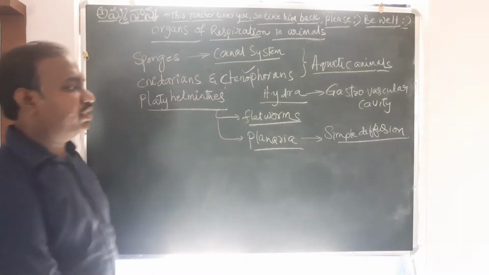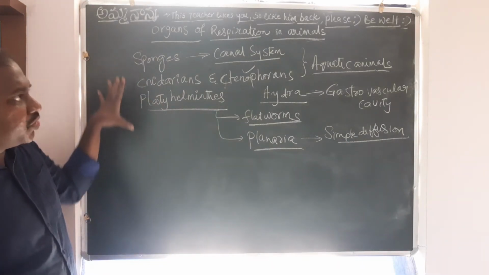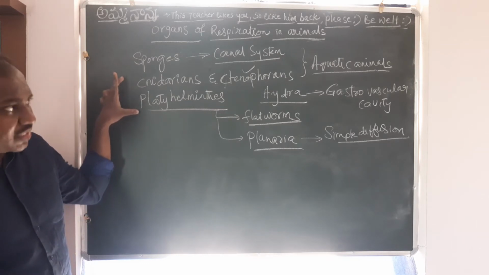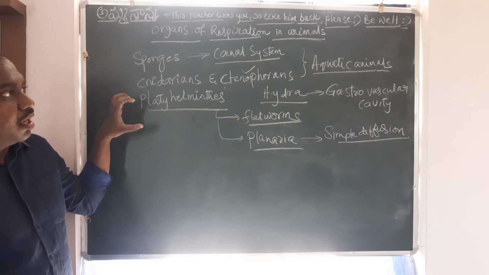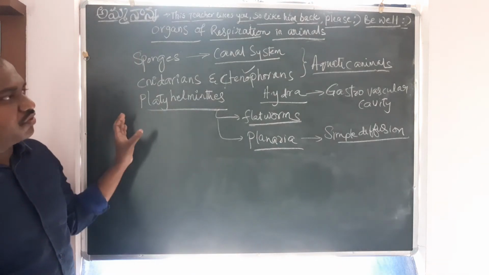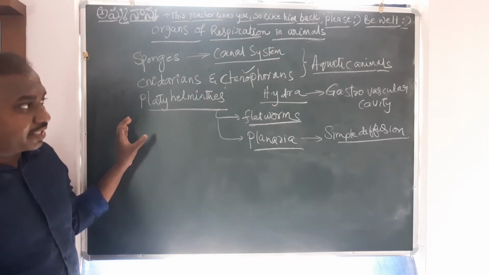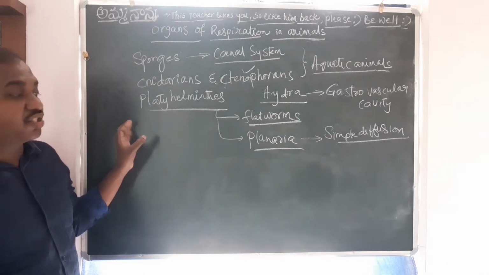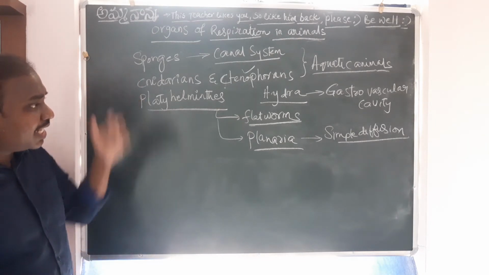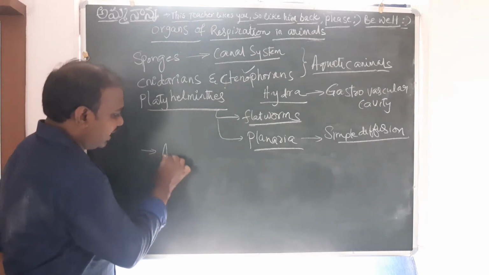These are sort of primitive animals, because specialized respiratory organs haven't developed here, and majority of them are living in aquatic environments, so it's not much of a problem for them to maintain the moist nature of this exchange membrane. Okay, and the next set of animals that we have, we can go with group Annelida.